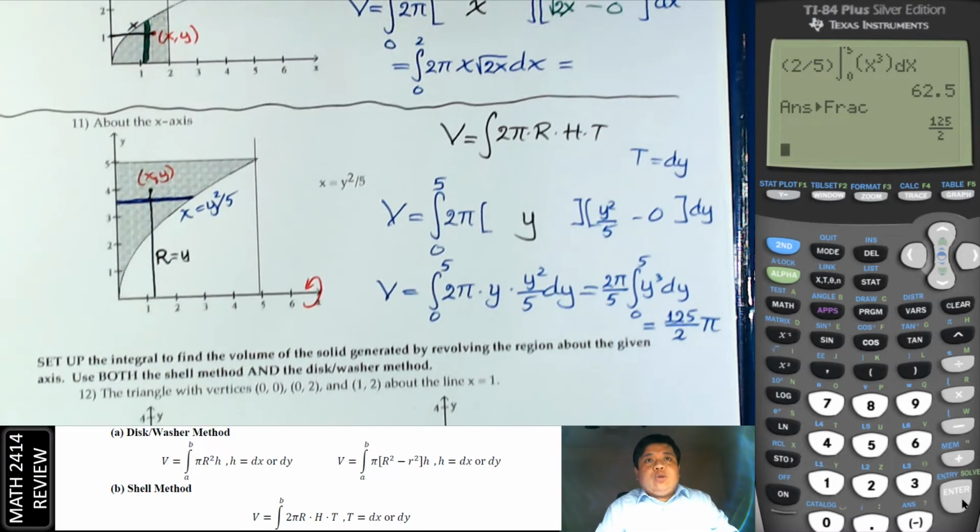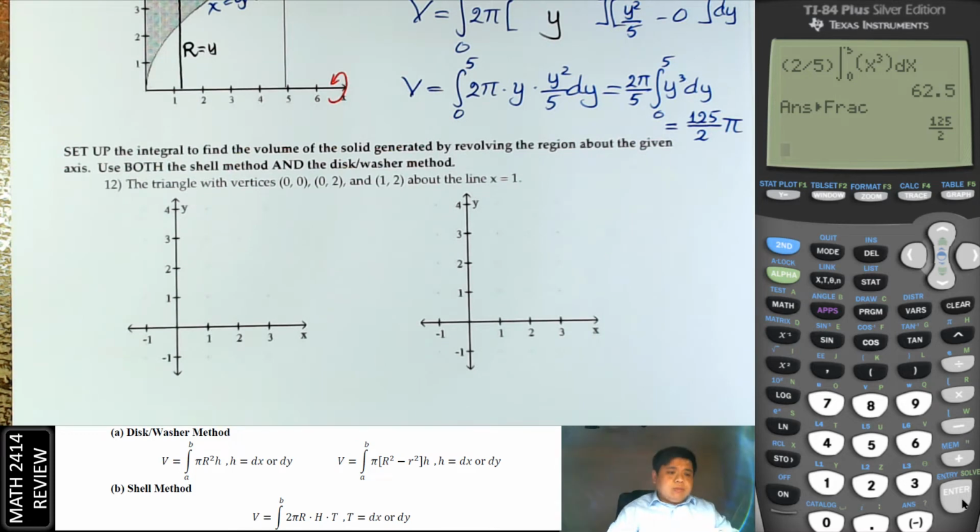Right, next we combine this together and we do both, either shell method or washer method, for the same region. So first use both the shell method and the washer method for revolving the region.